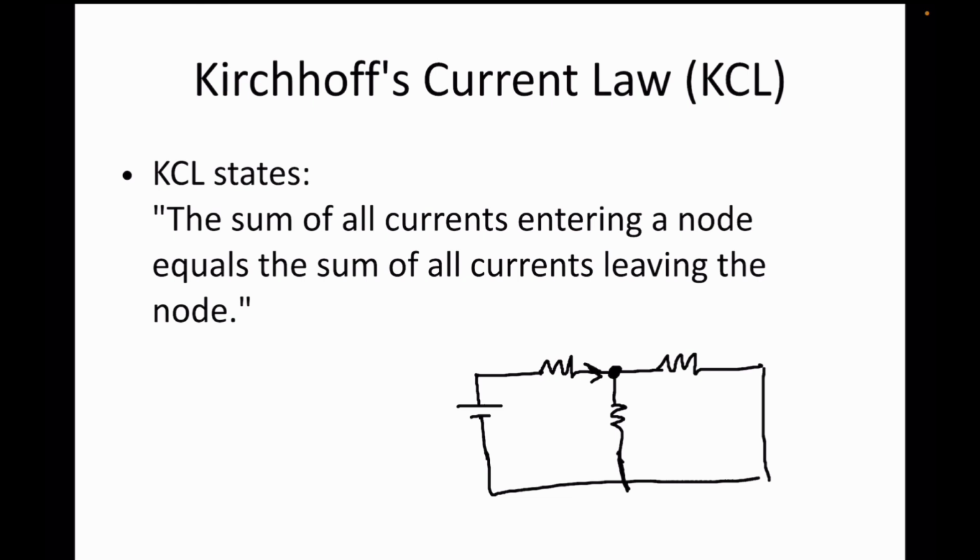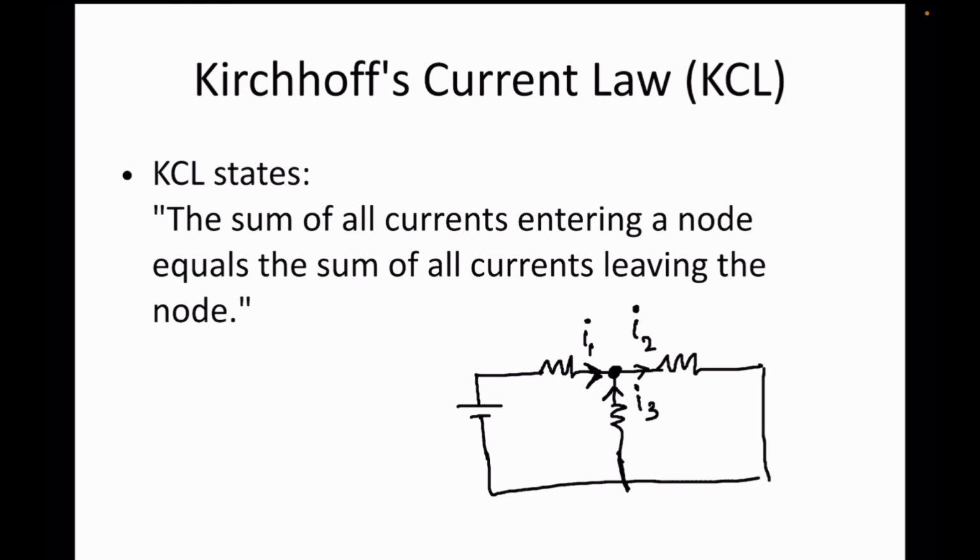Okay, let this current be entering like this, that is I1. Let it be leaving like this, I2, and this also is entering, I3. Okay, so KCL states that the algebraic sum of all the currents entering a node or meeting at a node is equal to 0.